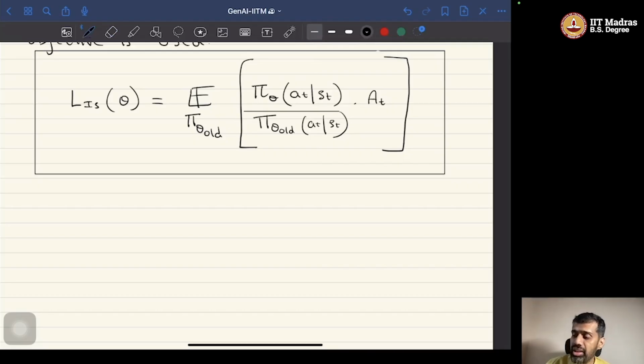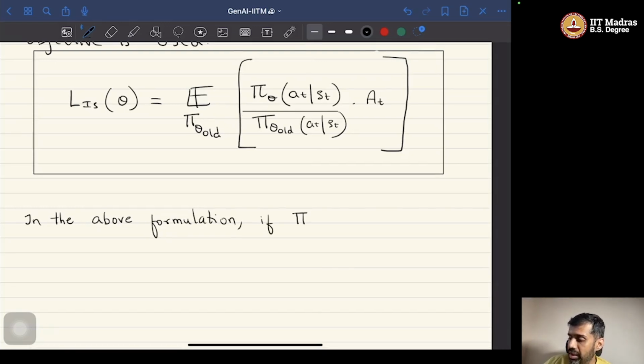Okay. Now, there is an issue with this particular form that we just looked at, which is that in the above formulation, if pi theta deviates too much from pi theta old.